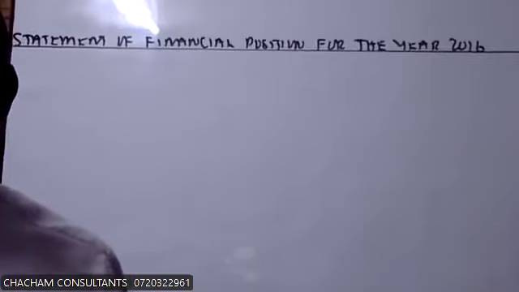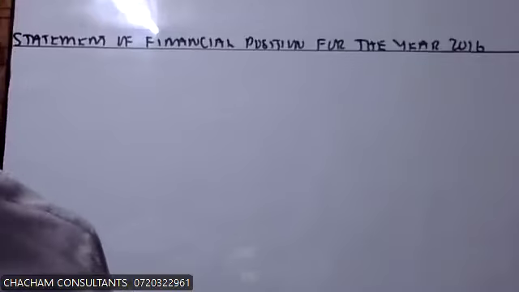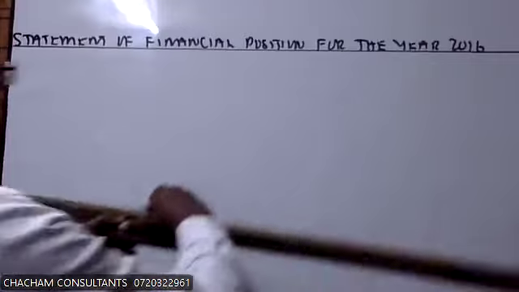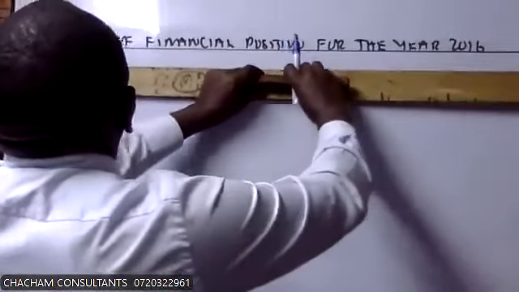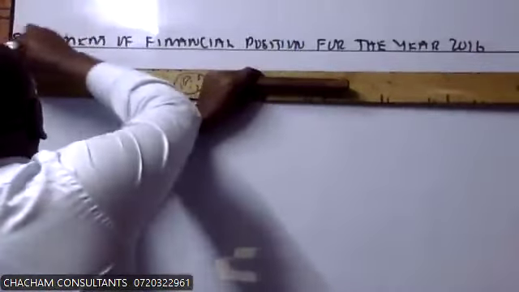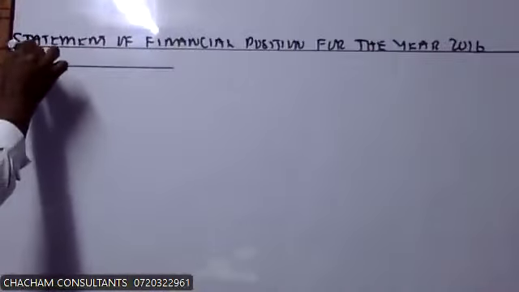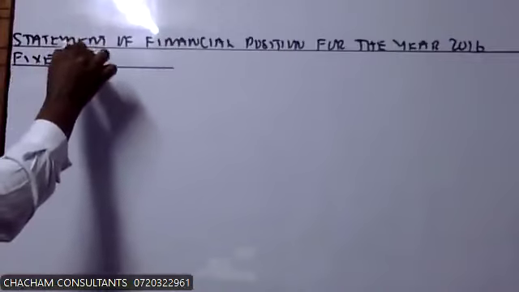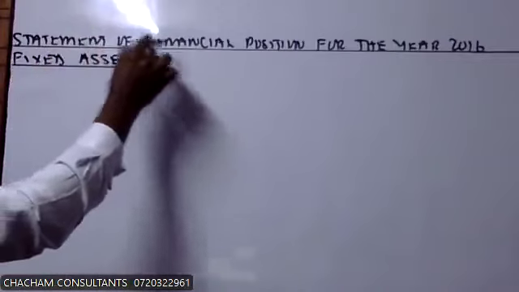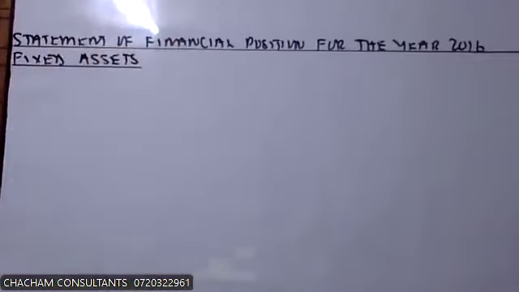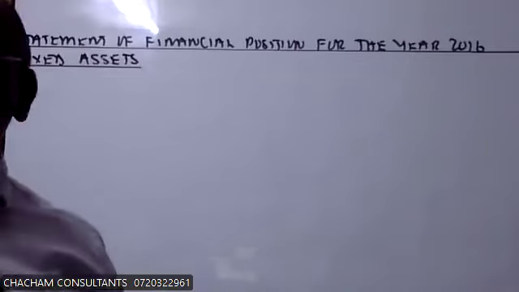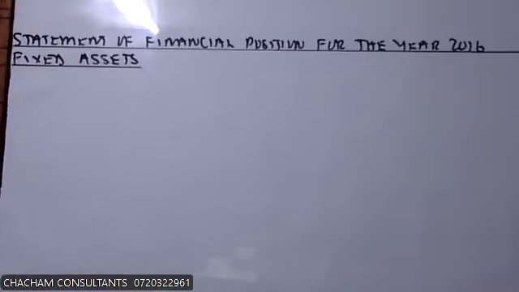Let me just start up here. Let me say fixed assets. The first one is plant and machinery.